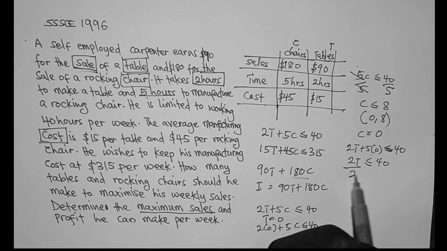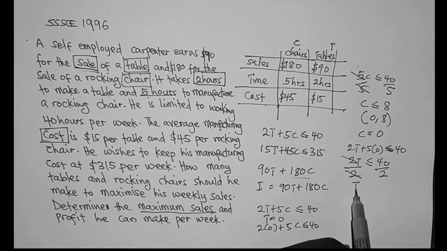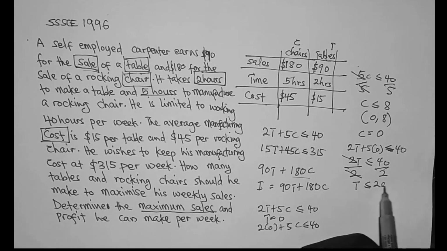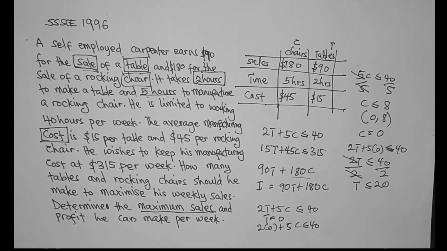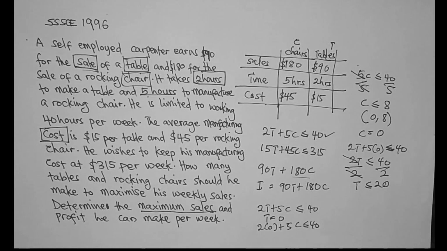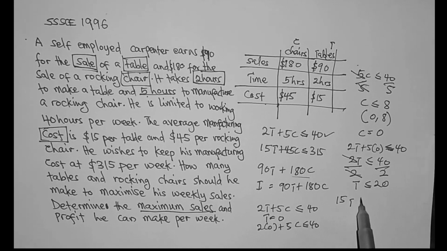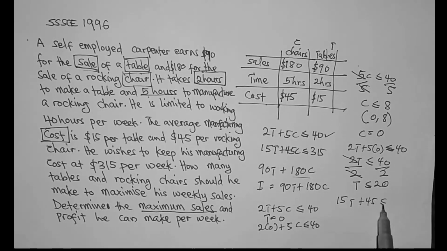If we divide through by 2, these 2s cancel, so T is less than or equal to 20. So we are done with this constraint. Let's take the second constraint, which is 15T plus 45C is less than or equal to 315.